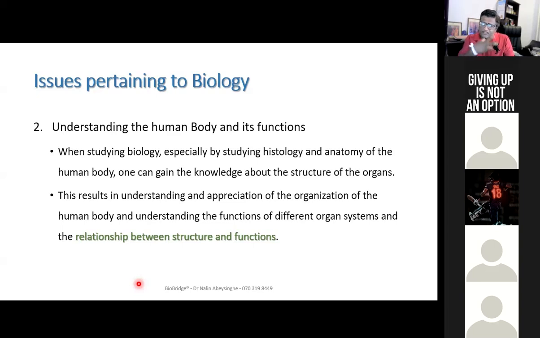The structure is something which will let that particular organism carry out that intended function. So there is a structure-function relationship, right? To understand that, you have to know the anatomy and histology of that particular organism, right?